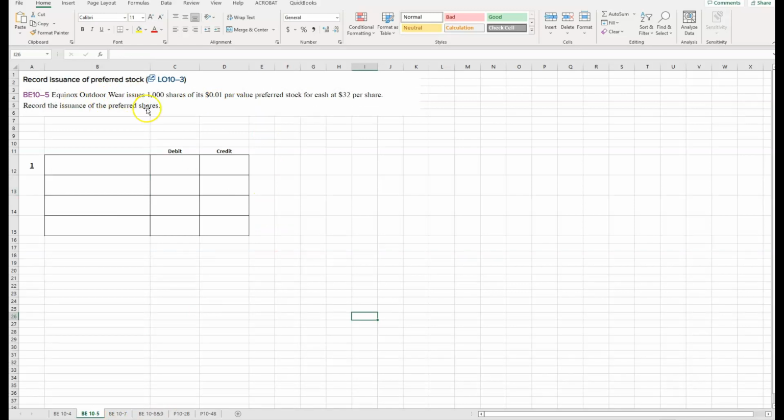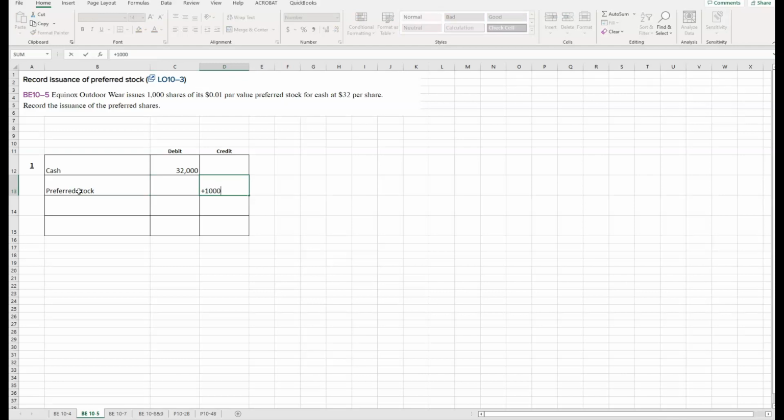This one, Equinox Outdoor Wear, issues 1,000 shares of 1 penny par value preferred stock for cash at $32 a share. So how much cash did they get? Well, they issued it for $32 a share. So 1,000 shares times 32, or $32,000. And it's preferred stock, so it goes in the preferred stock account, but it only goes in at par value.